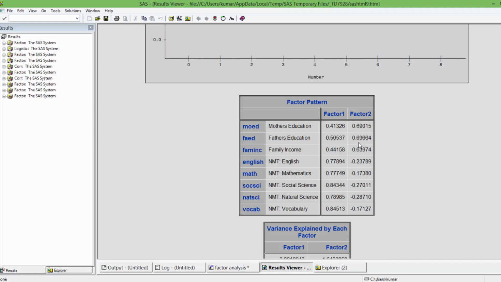Rotation helps us discriminate the factor loadings. That means making the distance between the factor loading for one factor and the other factor maximum, so that it can be clearly distinguishable.